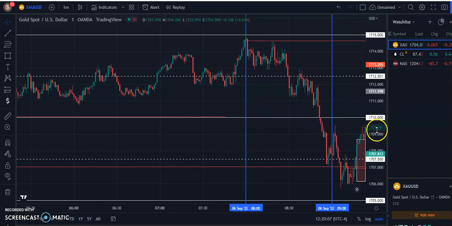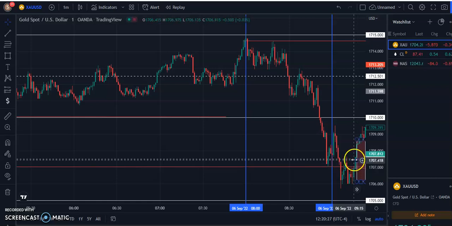Once you take your trade up here, you can be sure that they will come down. They will come to fill this gap. So to me, this is not my best setup.